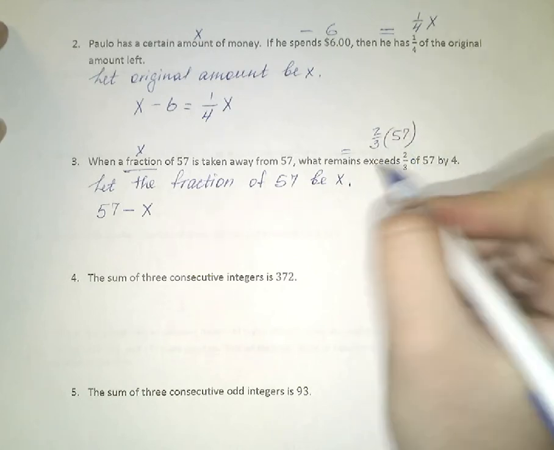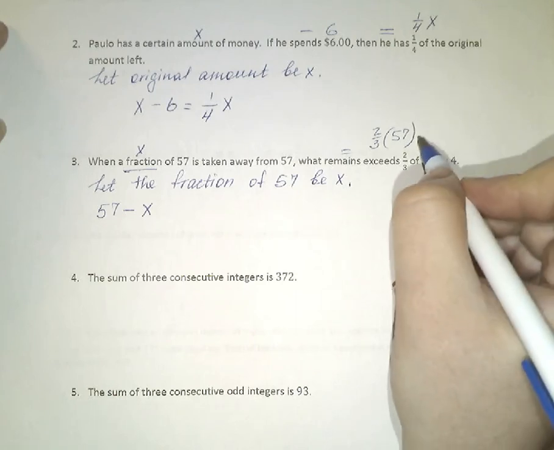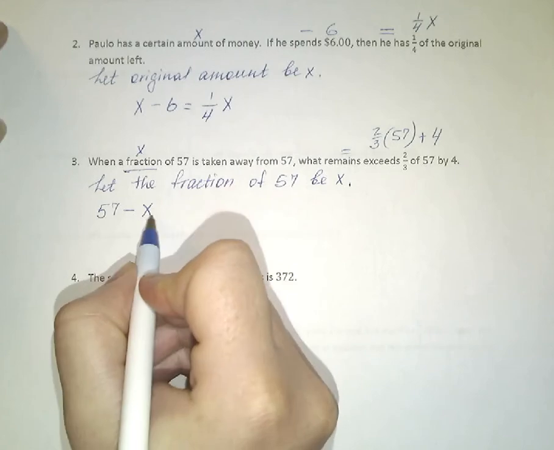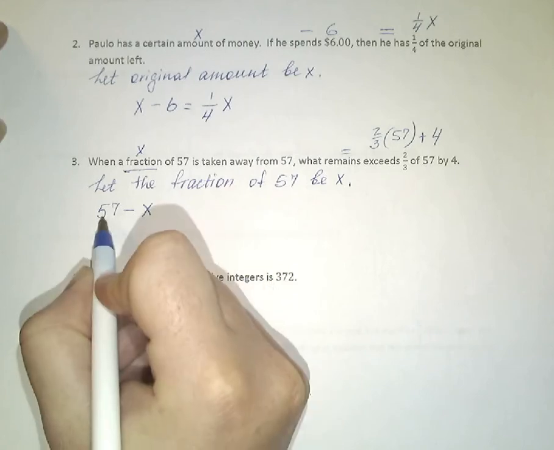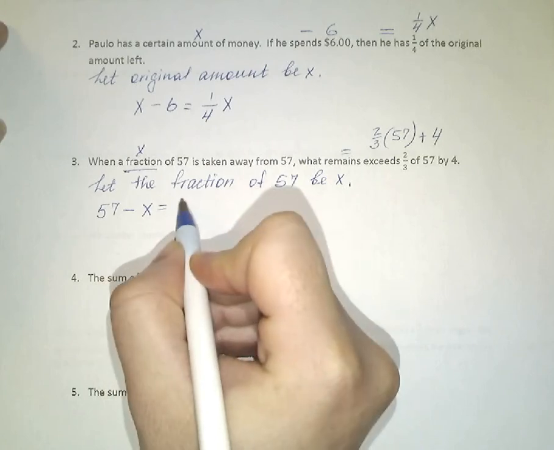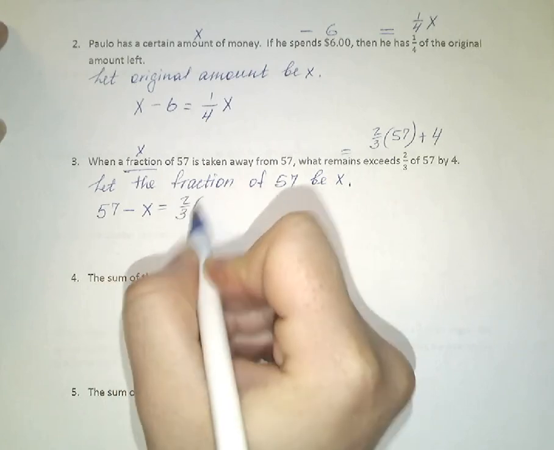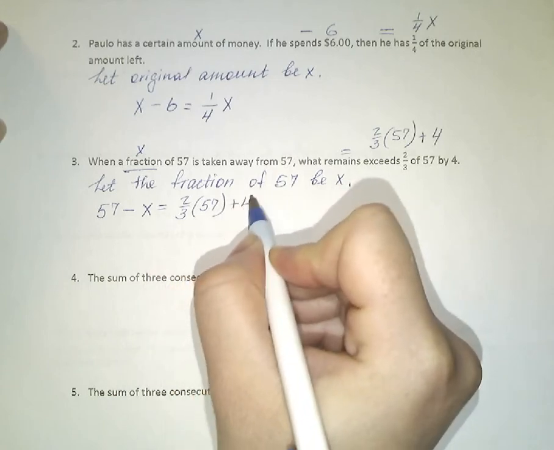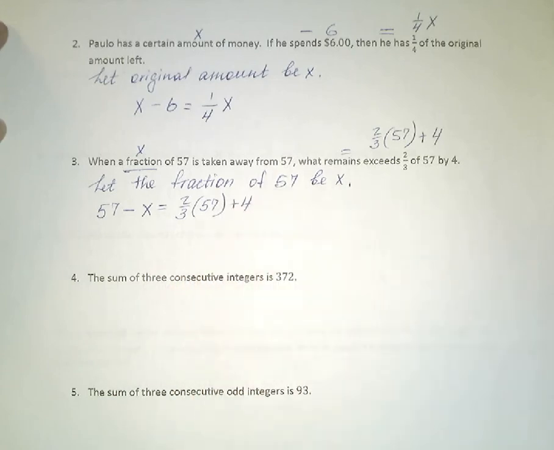And since it's exceeded by 4, it has to be more than by 4, right? So when we subtract a fraction of 57 from 57, we get 2/3 of 57 and 4 more than that. That is our transcription.